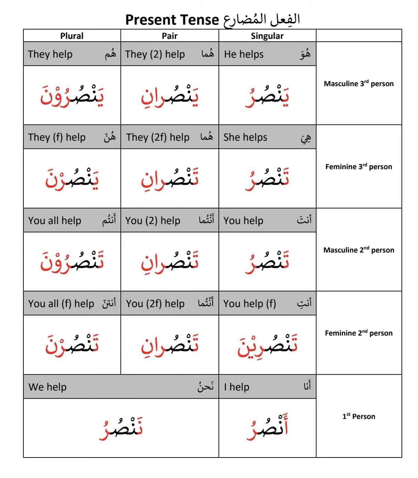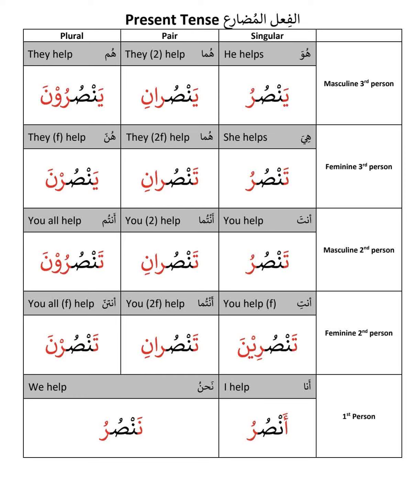Then ta and u sound becomes hiya. Ta and ani sound becomes huma, for female. And then ya comes back, ya and na sound, that becomes hunna. So how to remember is, you can easily remember ya, ta, ya, like that.